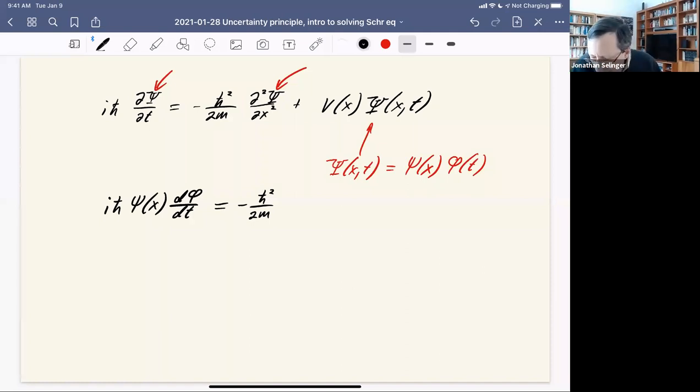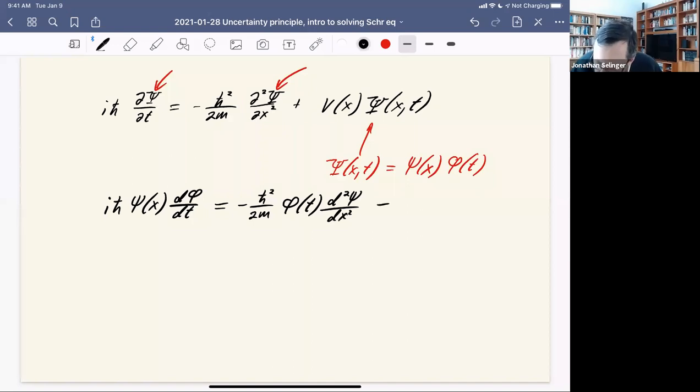So when we plug in this product, the phi of t is constant with respect to x, so it factors out, and we have the second derivative of psi with respect to x.